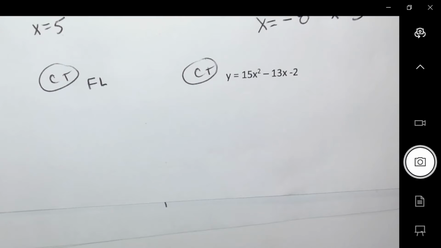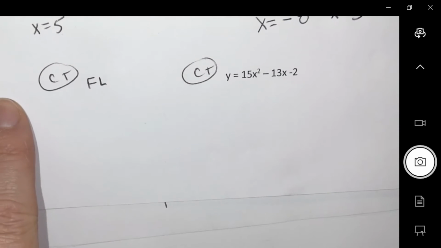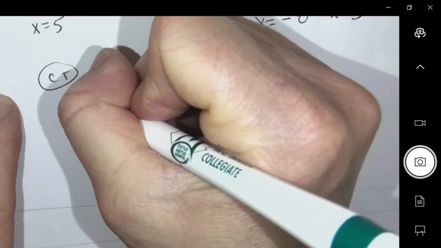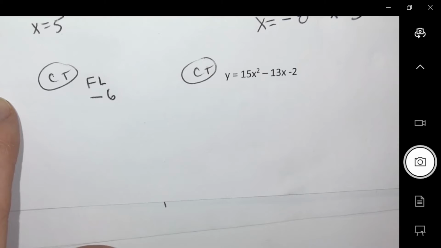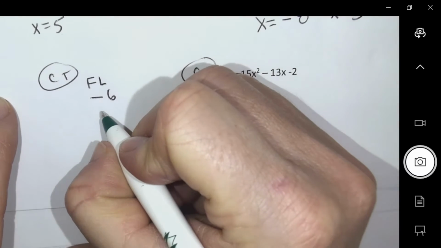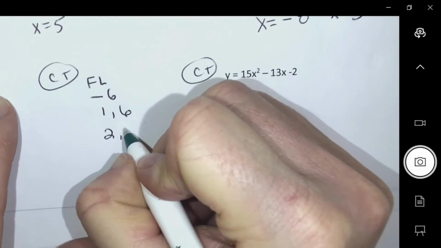FLA. What does the first times the last make? So -6 is the first times the last. So my options are 1 and 6, or a 2 and a 3.